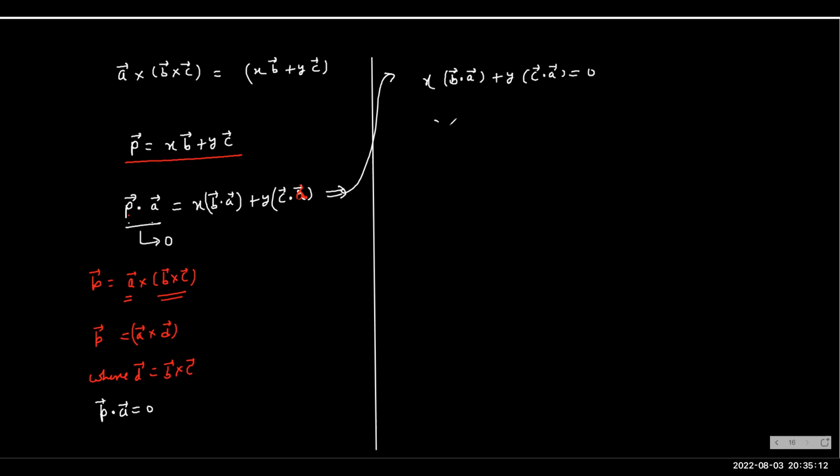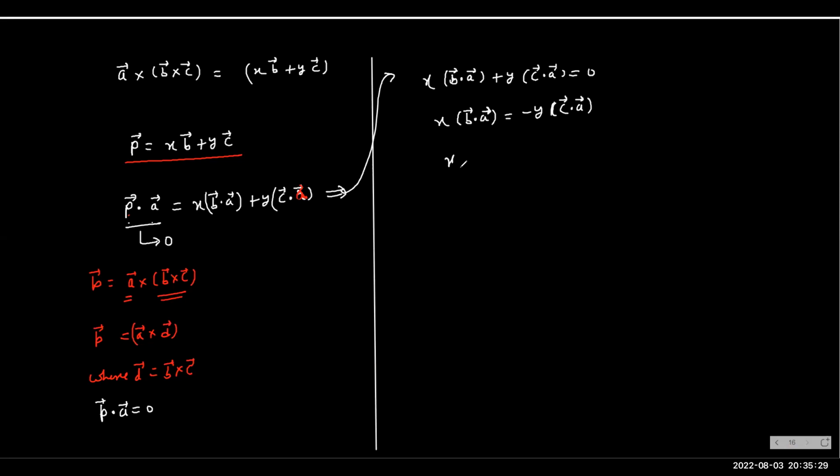So I can write it this way: X into B dot A equals minus Y into C dot A.